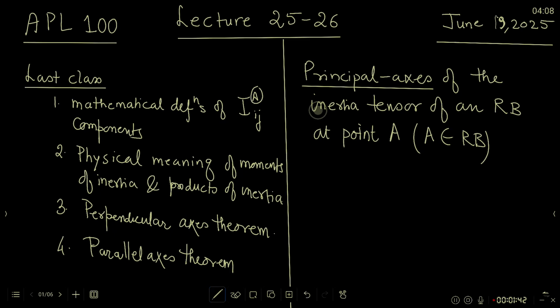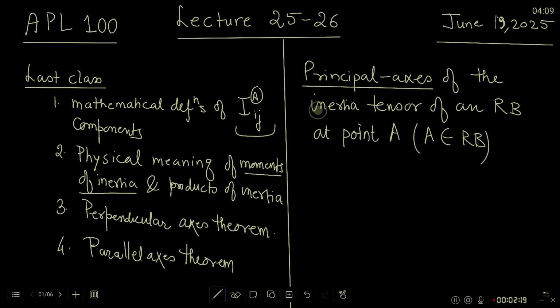I also tried to share with you my understanding of the physical meanings of those 9 components of I_A_ij. 3 of them are called moments of inertia, the diagonal elements of that matrix, and the off-diagonal elements are called the products of inertia. To the best of my ability, to the best of my knowledge, I tried to explain that to you.